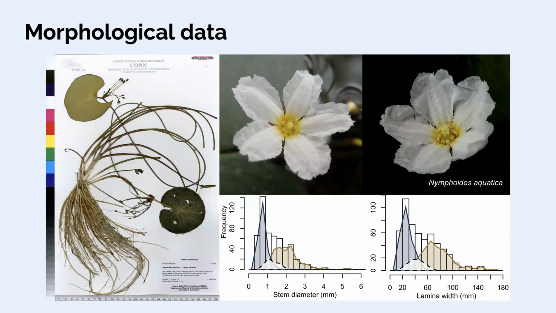Other uses for plant specimen data: you can mine them for information about their morphology. So this was a study that I did, and I have these two species in the east of North America, two species in the genus Nymphoides that are mostly easy to tell apart, but sometimes there are individual plants that are a little bit difficult to tell one from the other.